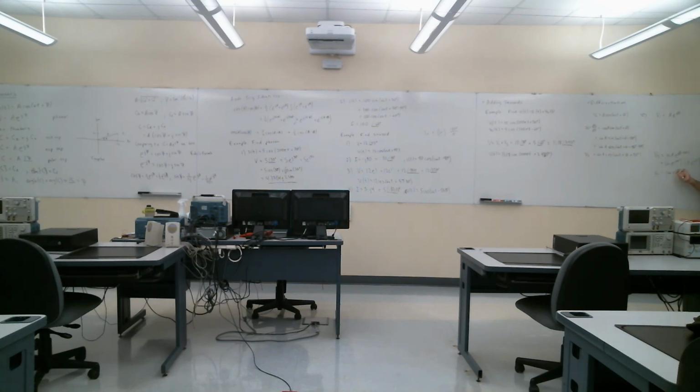But e to the j 90 would be what? Straight up. So it would be what in rectangular form? It's imaginary, has a length of 1. E to the j 90 degrees is just another way to write j. So V2 in this case is j omega 0 times V1.